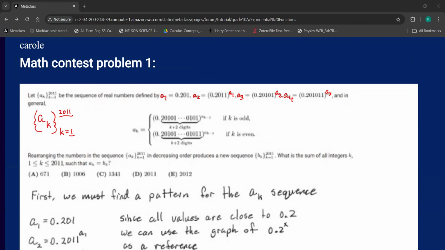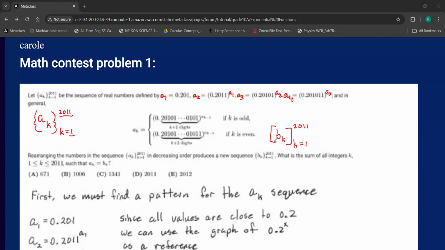This is basically just the pattern of the decimals given whether k is odd or even, and then rearranging the numbers in the sequence. This sequence here in decreasing order produces a new sequence, let me rewrite that, b of k, same thing where k is equal to 1 all the way until 2011 inclusive.